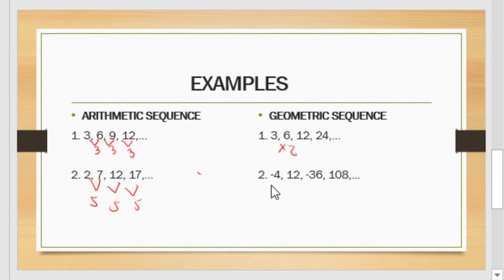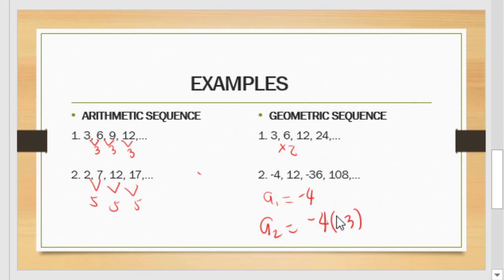Okay. What about example number 2? How do you think we obtain the second term, which is 12, from our first term, which is negative 4? And what about negative 36 from 12? Simple, right? What did we do? For the first term, negative 4, to get the second term, you multiplied negative 4 by what number? Negative 3.